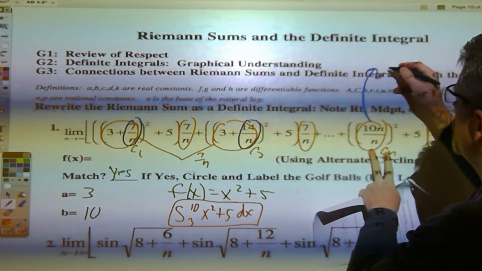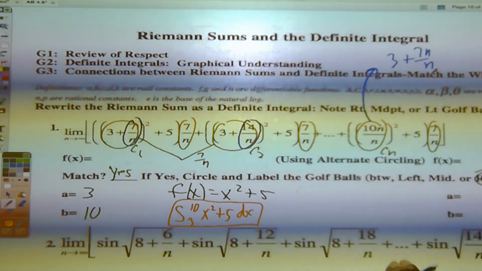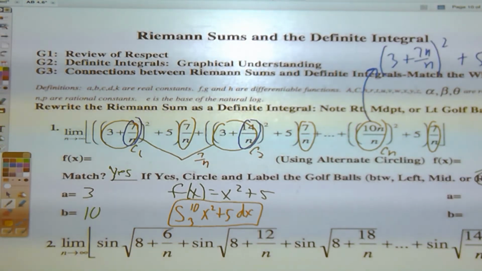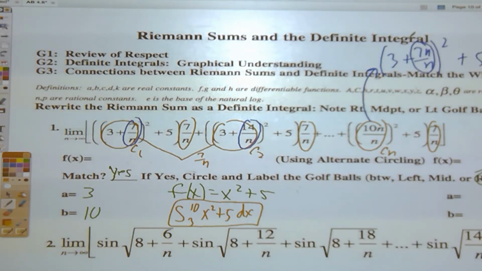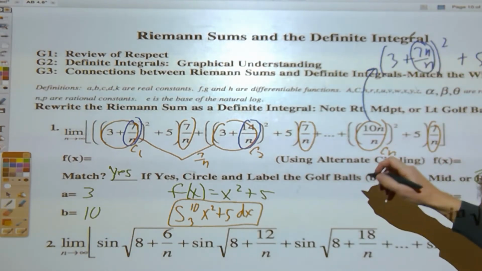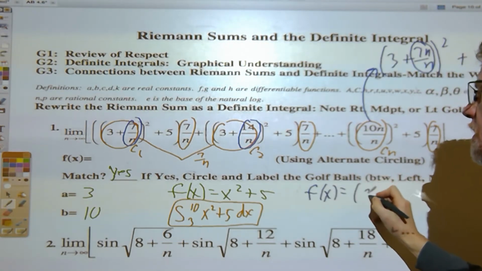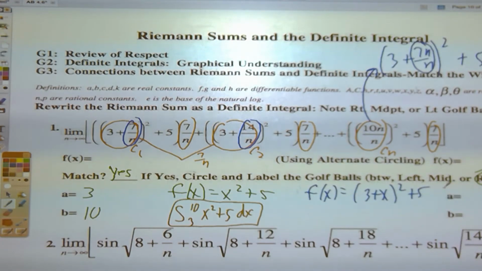You would have to rewrite this as 3 plus 7n over n, quantity squared plus 5. So now the nth golf ball would be 7n over n, C sub n. So if this were the circling, then the function f of x would be quantity 3 plus golf ball squared plus 5.